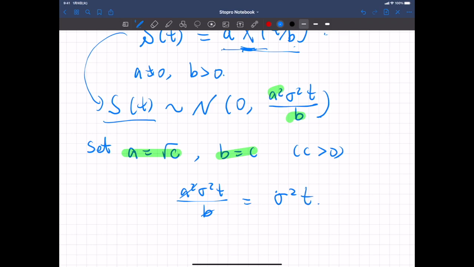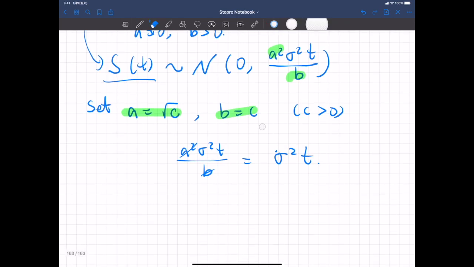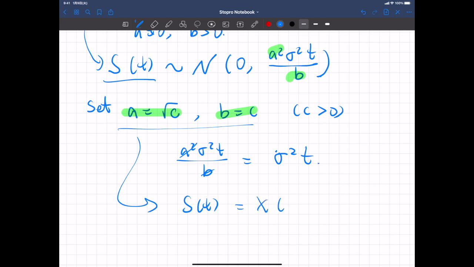So that means we recover the original Brownian motion. So if this is the case, then we have S of t is the same as X of t.